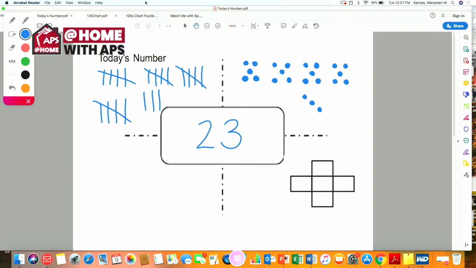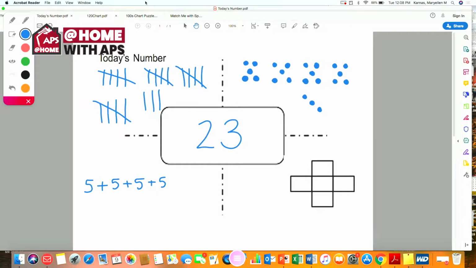All right, so if we wanted to write some number sentences, our number sentence for this representation and this one would be the same, right? What would I write? 5 plus, now I should probably make my pen smaller so it's not quite so hard to write. 5 plus 5 plus 5 plus 5.